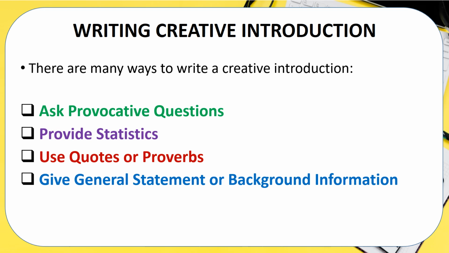So these are the 4 things that you can do to make your introduction more creative. Are these the only ways to write introduction? No, there are many other ways. But in this video, I will share with you only these 4 methods to make your introduction more creative. Let's check it out.